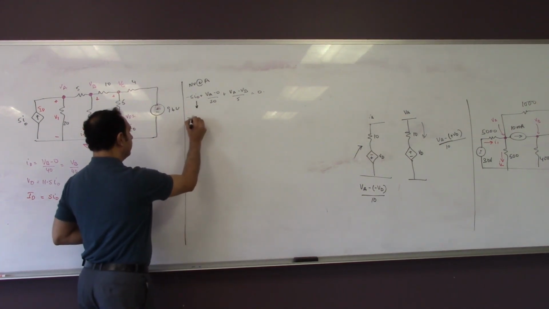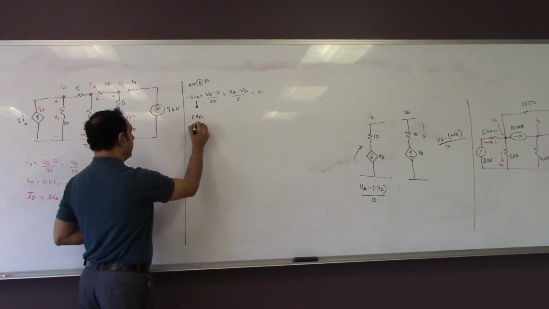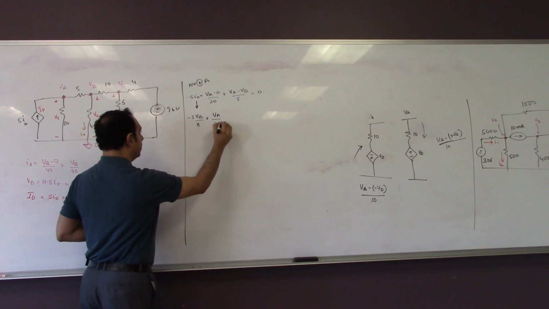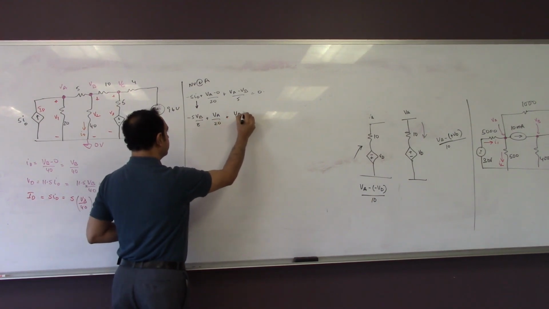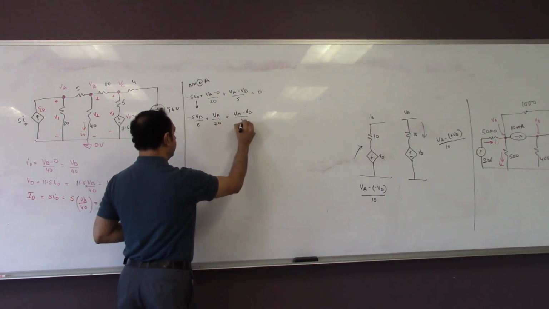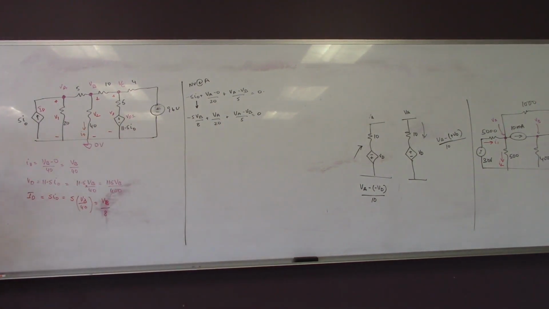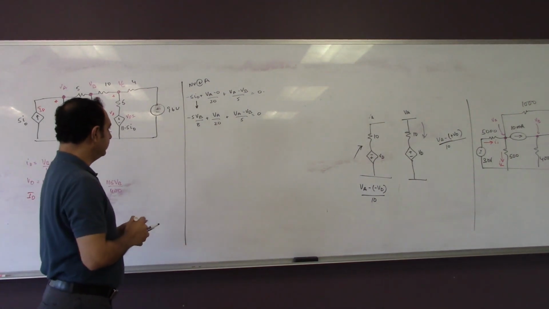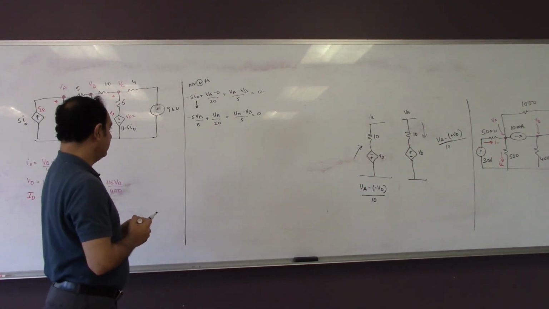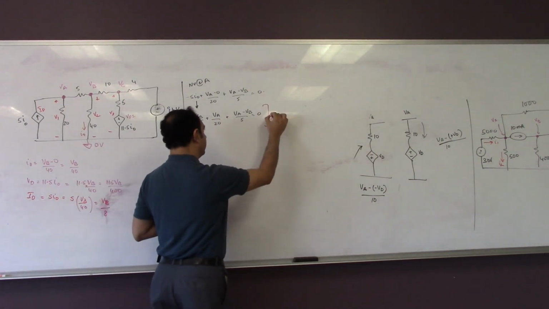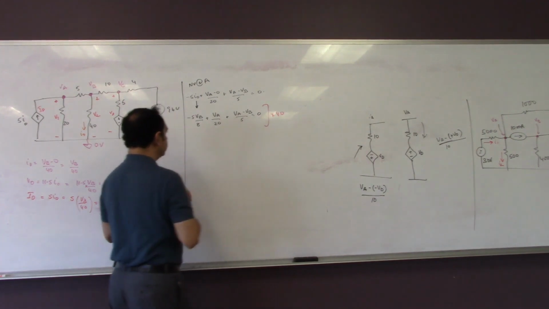This is minus 5 VB divided by 8 plus VA over 20 plus VA minus VB over 5 equals 0. It would be best to multiply this whole thing by 40.